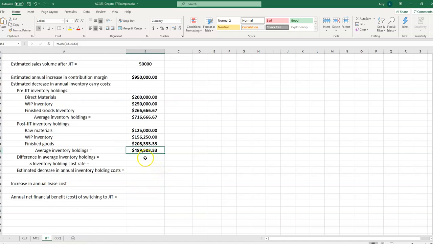So we're going to have a difference in inventory holding of about $227,000.